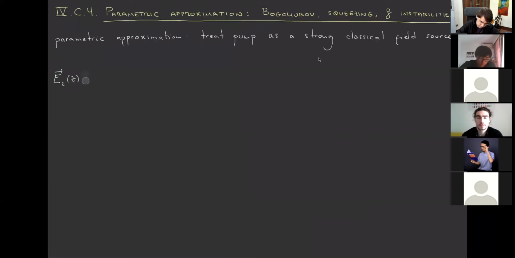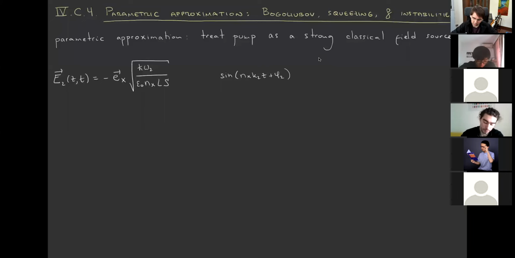So this will be a classical field that depends on space and time, then it has polarization in X, then we have the usual factor here, omega2 divided by epsilon 0 and X L S. Then we have the mode profile.